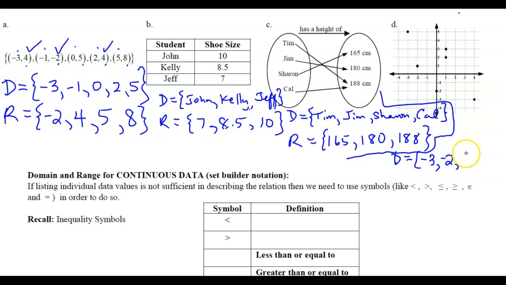Next point, x value of 0. Next, x value of 1. Next, x value is 4. Range, I'm going to look from the bottom up. So the lowest is -3, then -2, then 1, then 2, then 3, then 5.